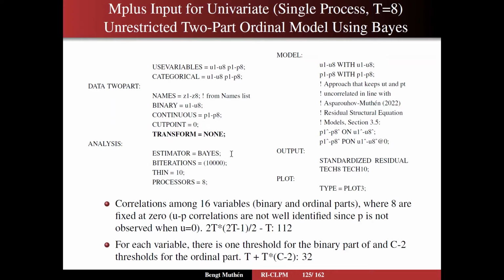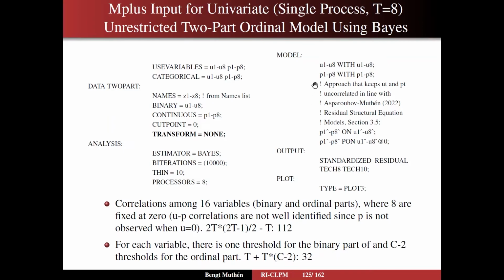And then we use the Bayes estimator, and here I request at least 10,000 iterations with thinning of 10 using processes 8. And the model then is that we covary all the U's with each other and all the P's with each other. Now, we also want to correlate the U's with the P's, but not all of them, because the correlation between, say, U1 and P1 is not well defined, given that we don't observe P unless U equals 1.